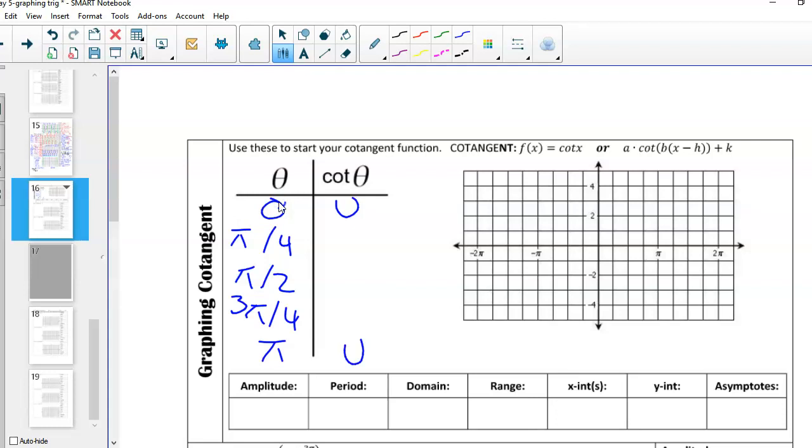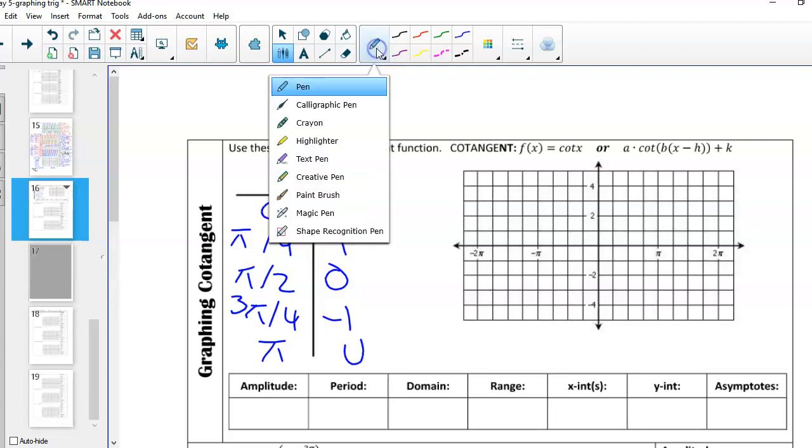Cotangent of pi over 4. 1. Cotangent of pi over 2. 0. And then cotangent of 3 pi over 4. Negative 1. So our asymptotes are now going to be at every multiple of pi.